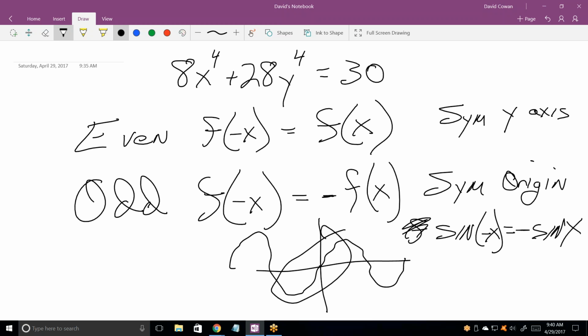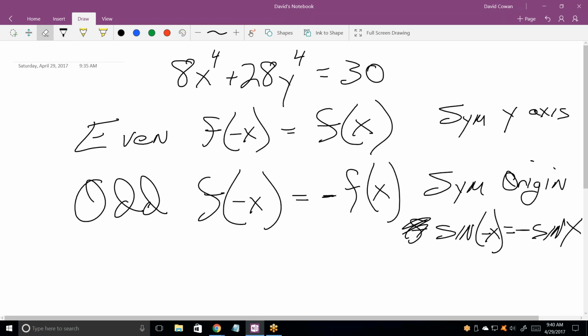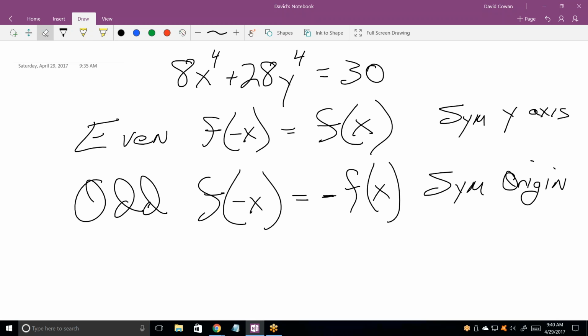Maybe. Now, let's talk about that for a second. In the previous problem, we saw that that circle had, I don't want to erase that, that circle had all three symmetries. Has symmetry about the y-axis, has symmetry about the x-axis, and has symmetry about the origin.